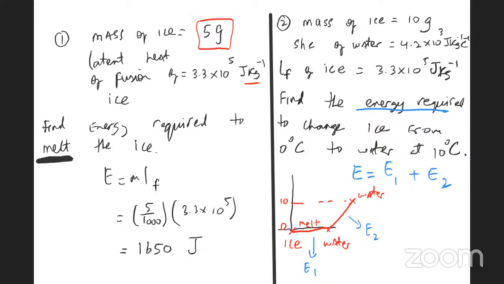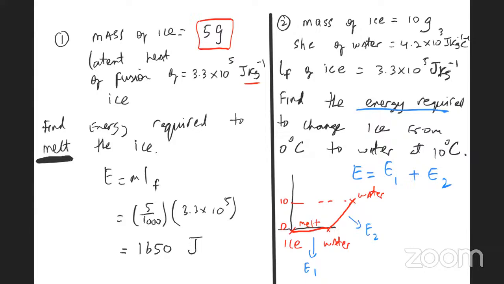So we have 2 separate things happening here for the ice to go from 0 degrees to water at 10 degrees. The ice at 0 melts, and we had to find that energy. When it melts and becomes water, it had to change to water at 10 degrees. So it's undergoing 2 changes, and we have to find it separately, E1 and E2.